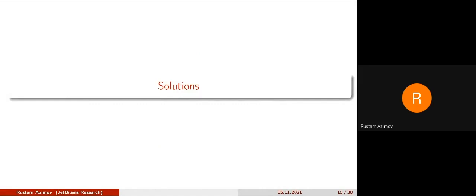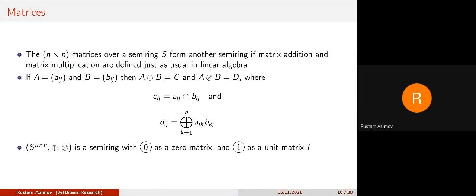And now let's talk about solutions. There are a lot of solutions, and almost all of them use matrices. Let's talk about matrices first.